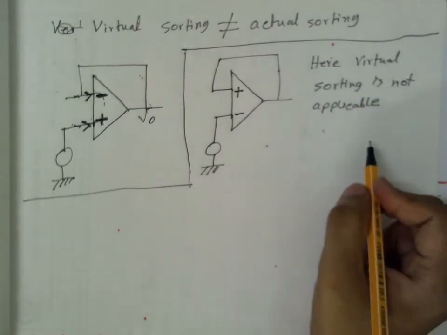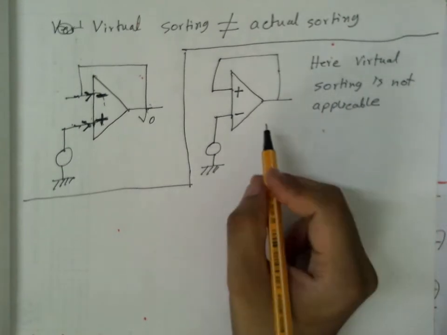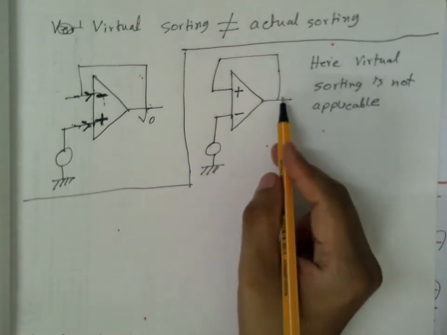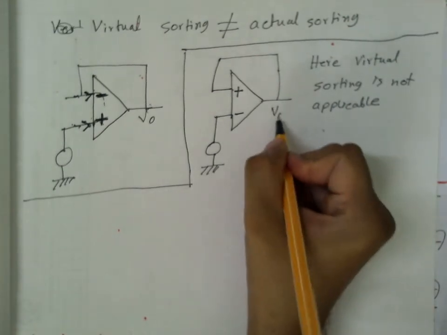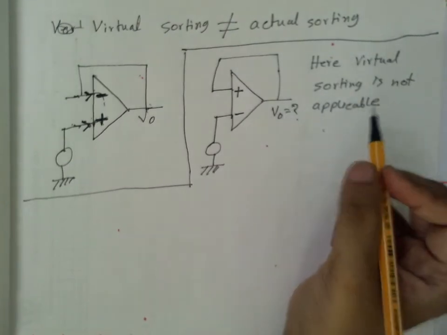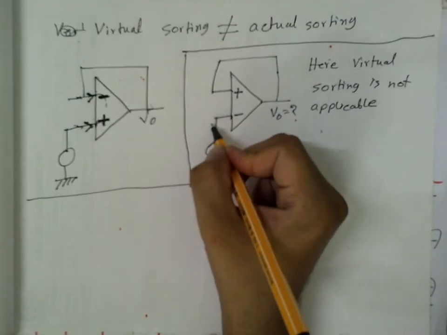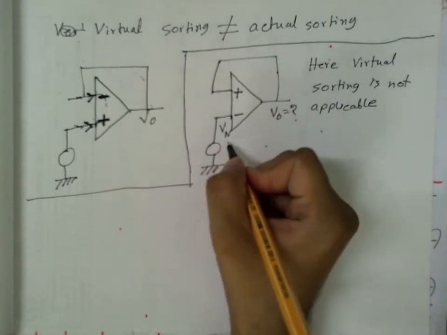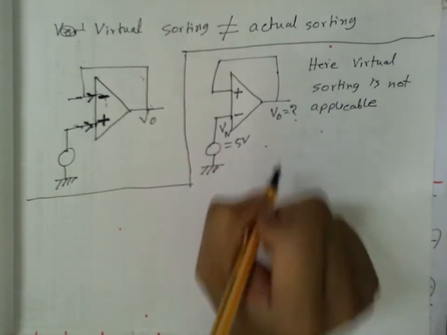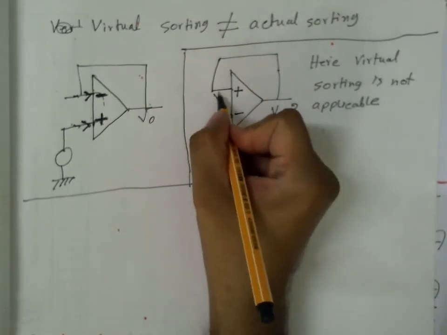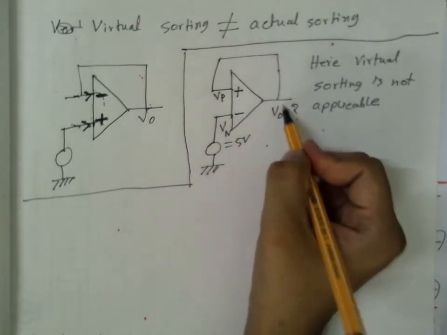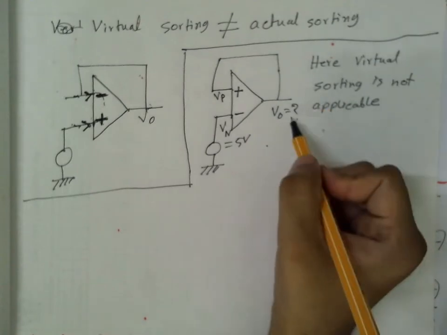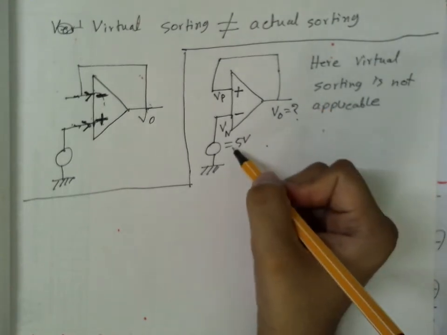Let's do the same exercise as we did before. We want to find out Vp is equal to what? We know this is Vn. Vn is given, right? Say Vn is equal to 5 volt in this case. So this is Vp. Vp is equal to Vo because they are shorted. What is Vo? We don't know.